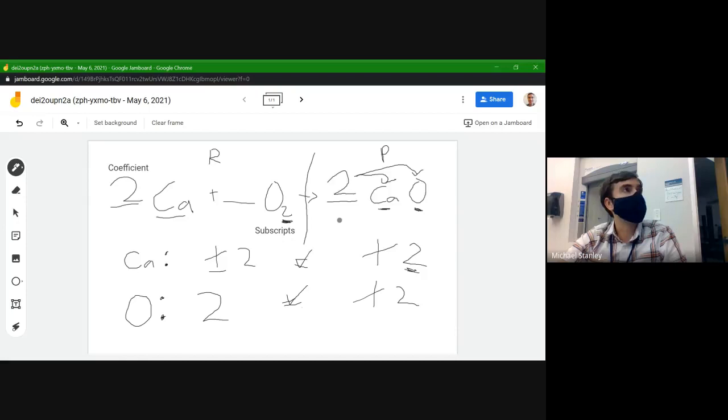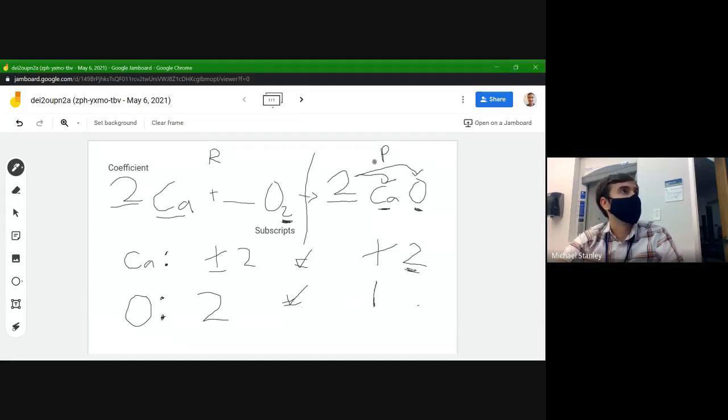So to start off with, we had 2 oxygens on the reactant side and 1 on the product side. I was thinking that if I want my oxygens to be balanced, I could put a 2 here, and that would cause me to have 2 oxygens on the product side.